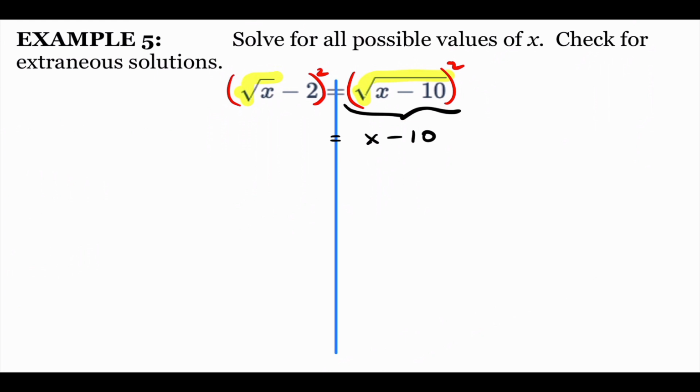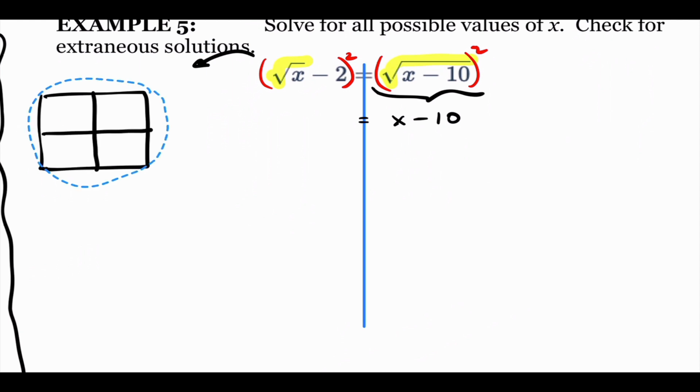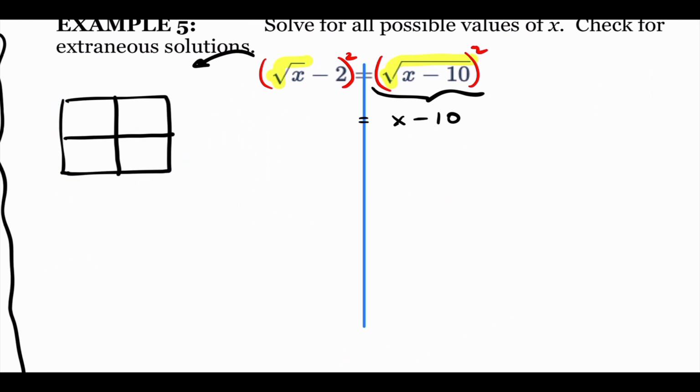So if that doesn't work, what do we have to do? We have to do what we did earlier. We have to do a multiplication box. Because negative 2 is not inside the root.